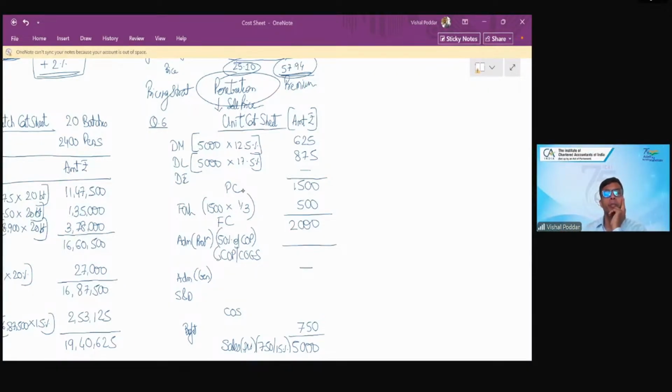See, I'll use simple maths. Let this value be 100. It is not known, na? So let it be 100. Now it is already given that this is 50% of this, so it will be 50. And since both these values add up to make 100, by default, factory cost will be the balancing figure, which is 50. Only then this will add up to 100. So simple maths, I assume this as 100.